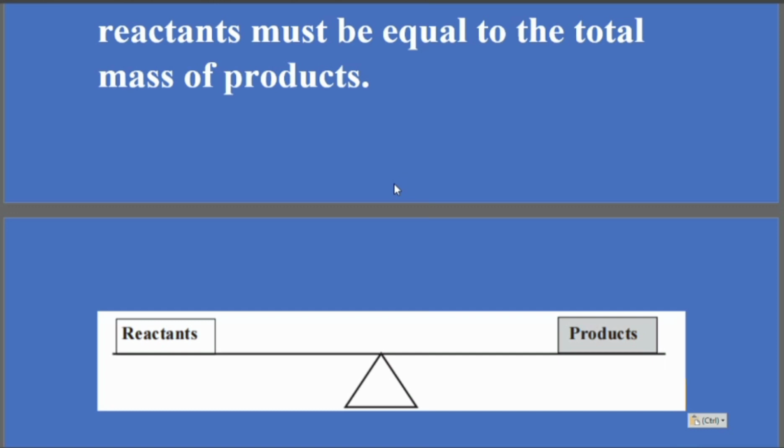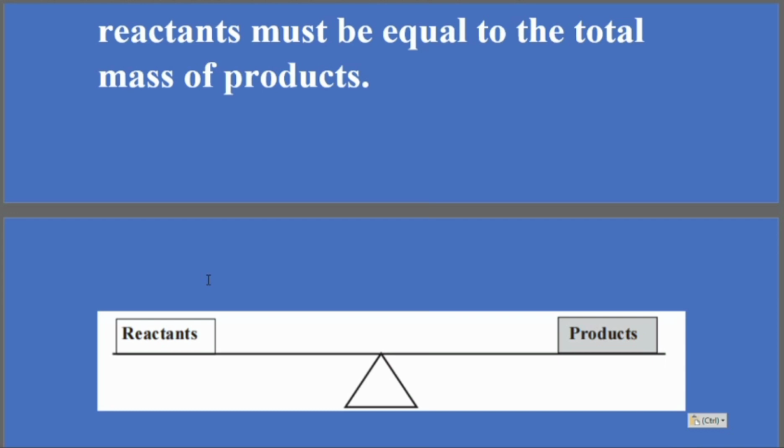Now here, the reactants and the products are all equal. That's how our equation should be, that on both sides the mass is equal. That on both sides the mass of the products and of the reactants are all equal.